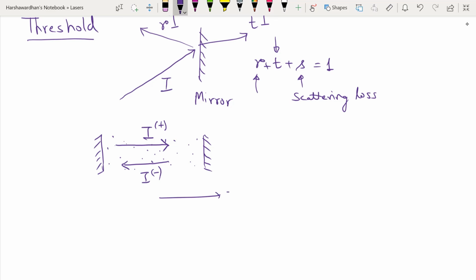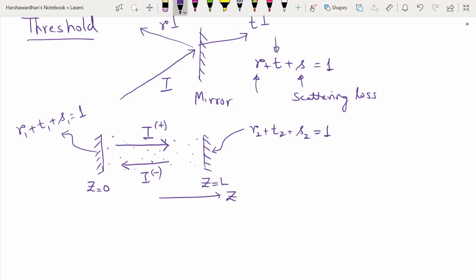This is my z axis, and my first mirror is at a location z equal to 0. The second, right hand side mirror is at z equal to L. So this is the situation. Mirror 1 is characterized by R1 plus T1 plus S1 equal to 1. Similarly, mirror 2 is characterized by R2 plus T2 plus S2 equal to 1.